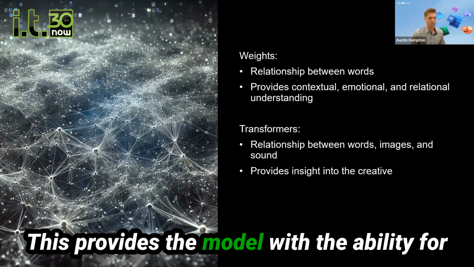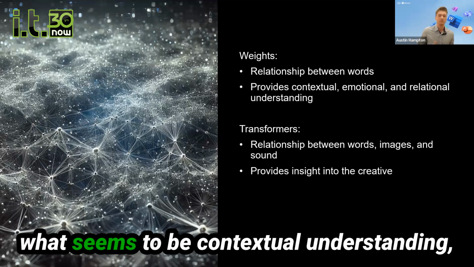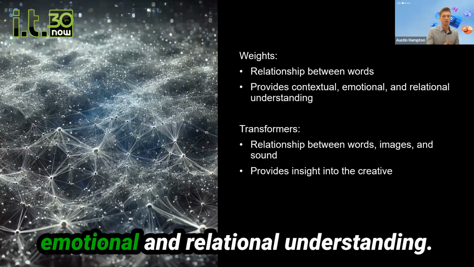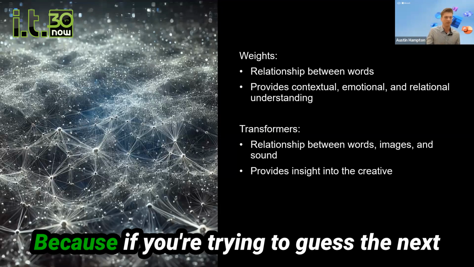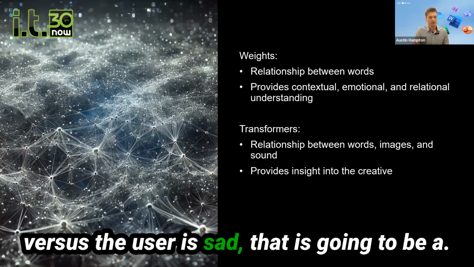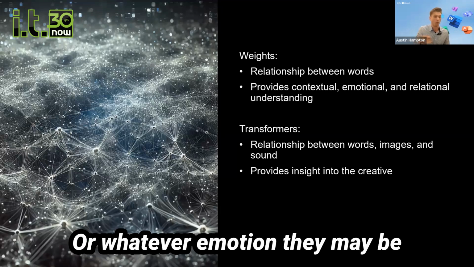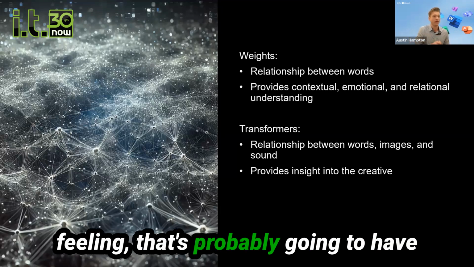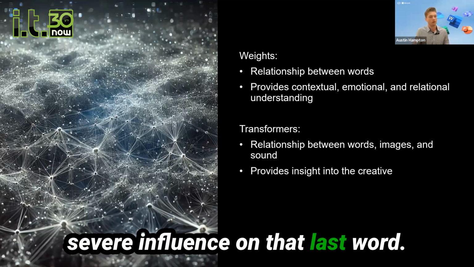This provides the model with the ability for what seems to be contextual understanding, emotional and relational understanding. Because if you're trying to guess the next word in a sentence, if the user is happy versus the user is sad, or whatever emotion they may be feeling, that's probably going to have severe influence on that last word.